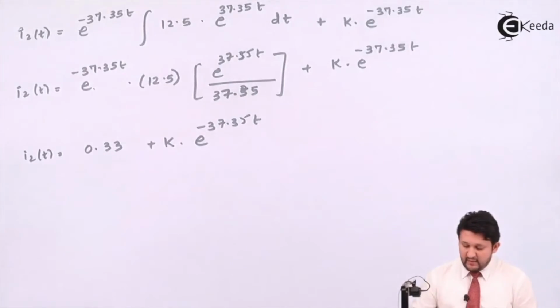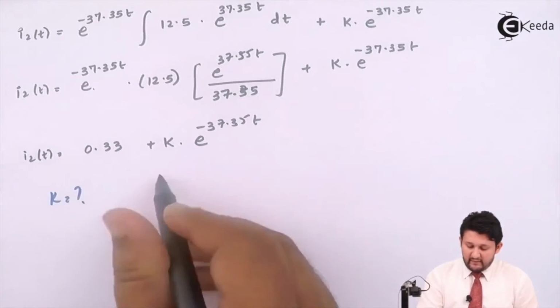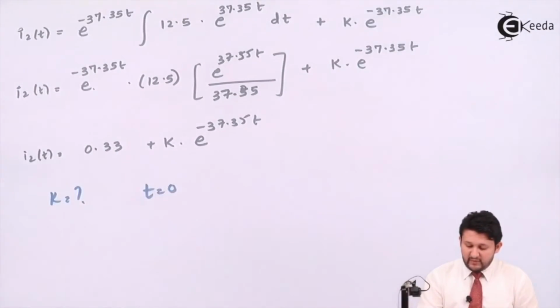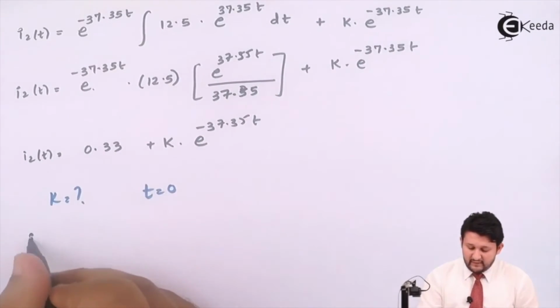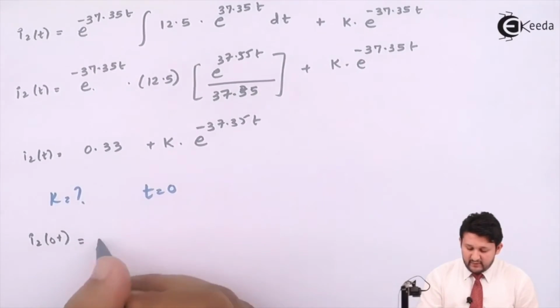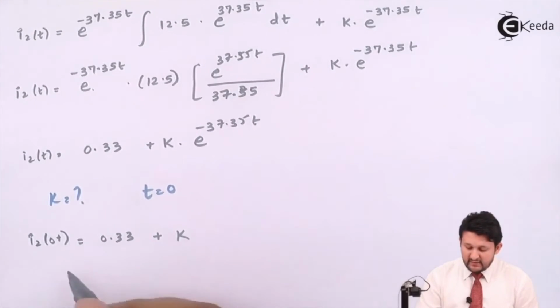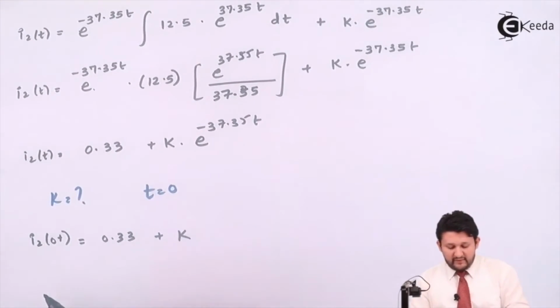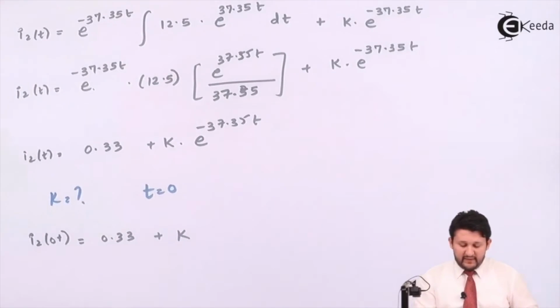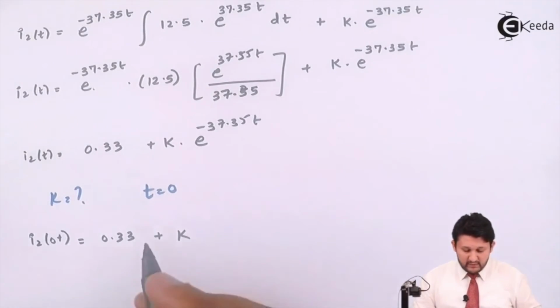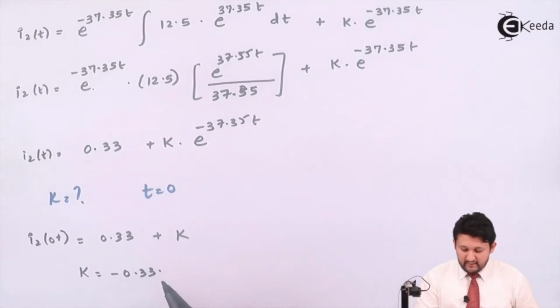Now I need to find the value for k. For finding the value of k, I need to put t is equal to 0. So the equation will be I2 of 0+ equal to 0.33 plus k. Anything raised to 0 is 1. So I've already found out the value for I2 in the earlier case, which is equal to 0. So your value for k will be minus 0.33.